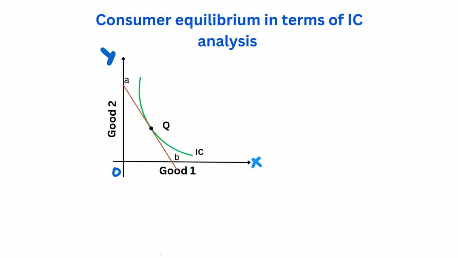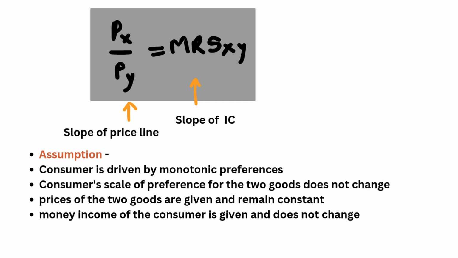And at this point, the slope of the price line or budget line is equal to the slope of IC. And what does the slope of the price line indicate? It indicates Px upon Py, or price of good 1 upon price of good 2, which is equal to MRS XY, as the slope of IC is indicated by the marginal rate of substitution, MRS of good 1 for good 2.